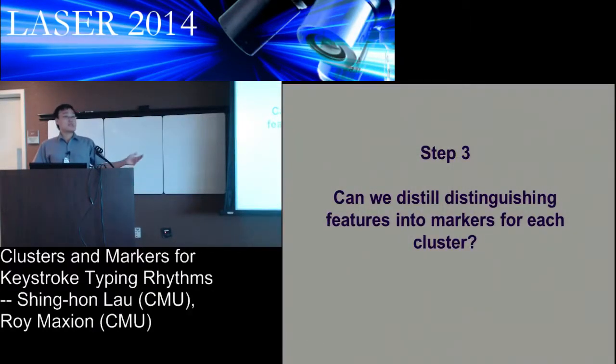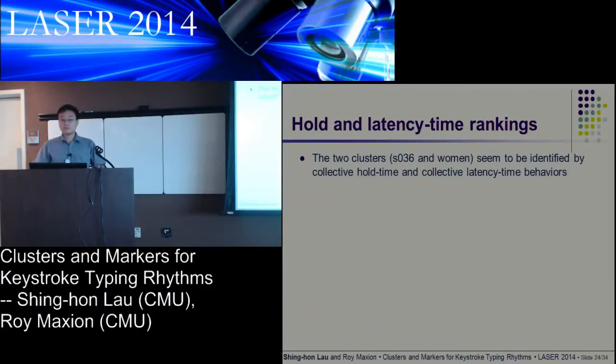So step 3, distilling these distinguishing features down into markers. To do so, I'm going to introduce the concept of hold and latency time rankings. So there are 2 clusters, 36 and women, and they seem to be identified by collective hold time behavior and collective latency time behavior.